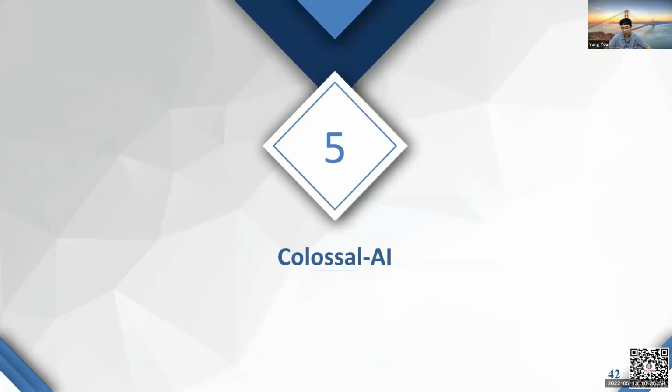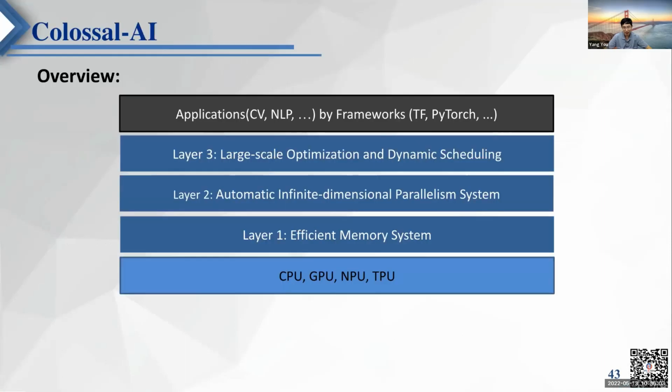And finally, let me give you an overview of Colossal-AI. As I mentioned in the beginning, we hope in the future, the users just need to write a few lines of code on their laptop, and we can build an abstract layer, which means it can be a black box for AI users.